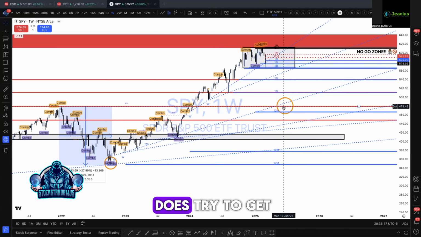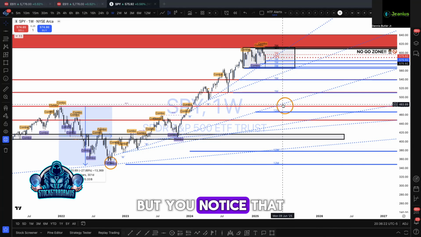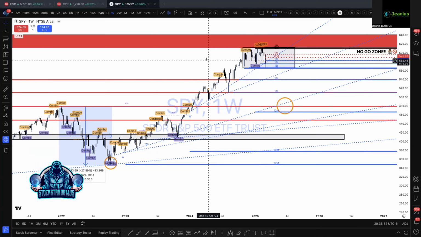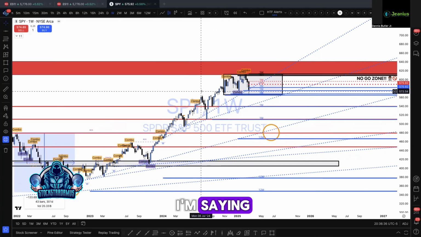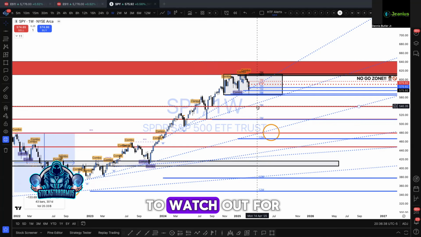Most times when it tries to get to a golden zone, it's not often that it goes deep into it. But you'll notice that every time I use the Fibonacci retracement, it bought either at the 50% or right above it, somewhere between that 38 and 50% retracement range. But back to what I'm saying, this is a key area that you want to watch out for.